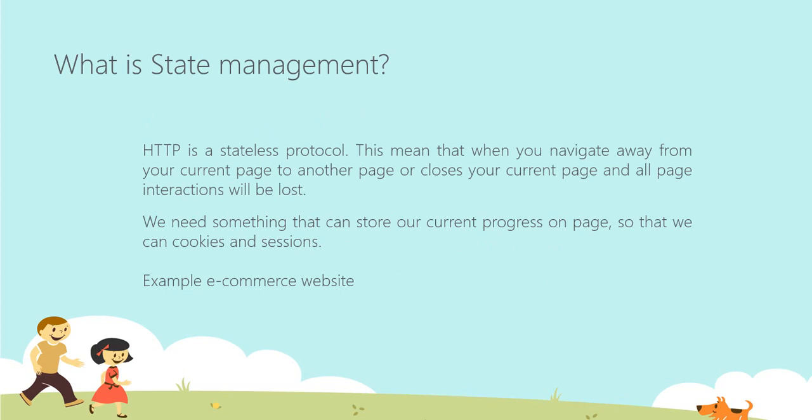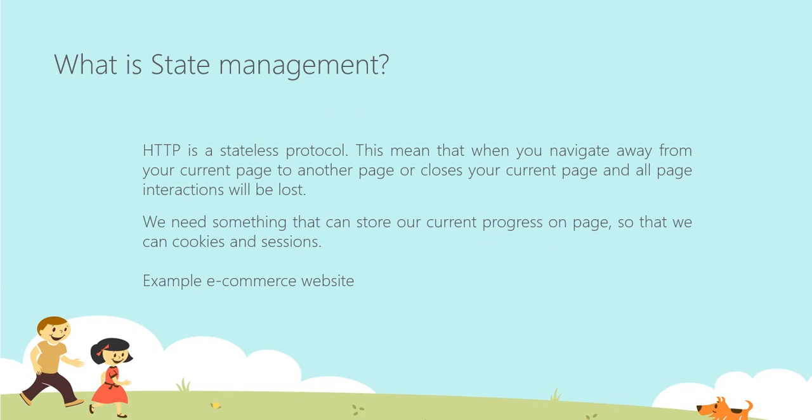Basically, when we are creating a website, we navigate from one page to another page. We go from one page to a third page, or from any page to any page. So what will happen when you go to another page? The current state of the page is vanished, or is not saved.